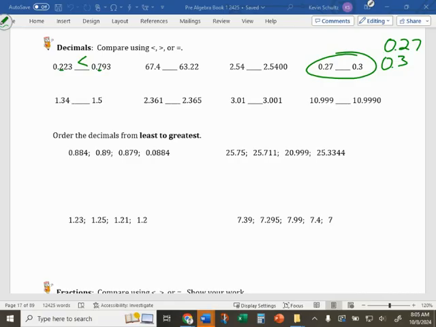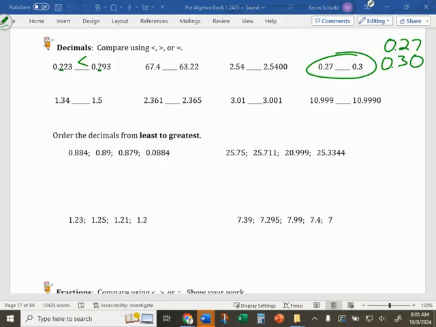What can we put there that's not going to change the value of 0.3, but put them out to the same number of places? 0. And when you do that, now you can see, oh, I'm not comparing 27 and 3, I'm comparing 27 and 30, right? And 27 is less than 30.